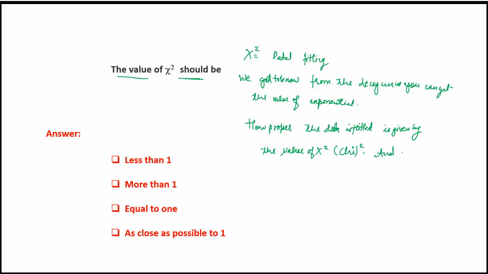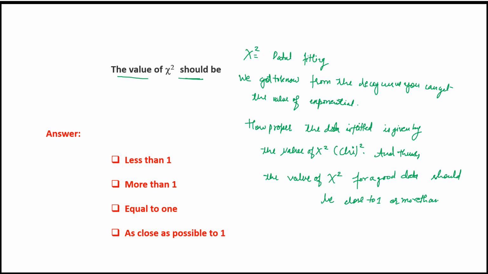And thus, the value of chi-square for a good data should be close to 1 or more than 1.